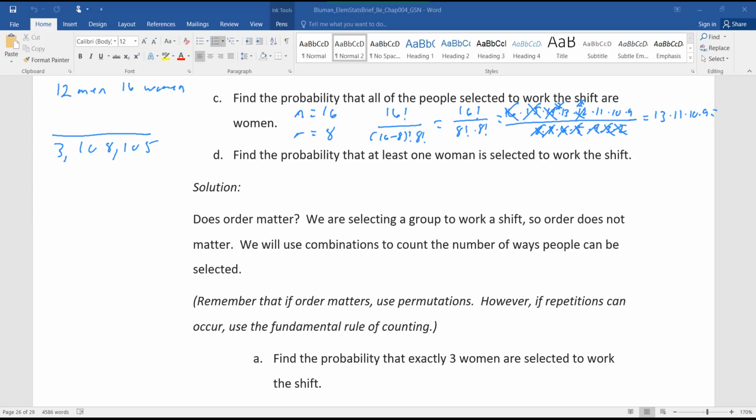343 times 9, that's 7. Yeah, 2,937. 2,939 or 37.